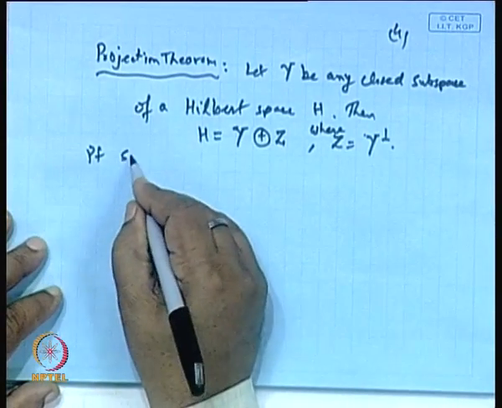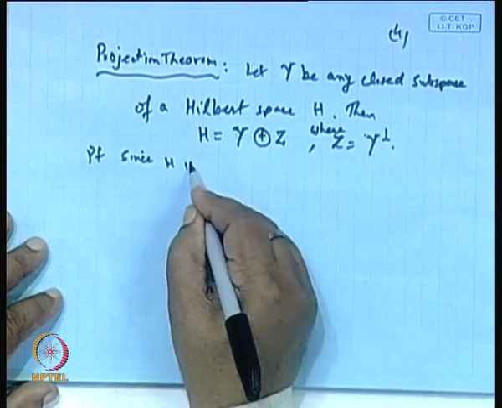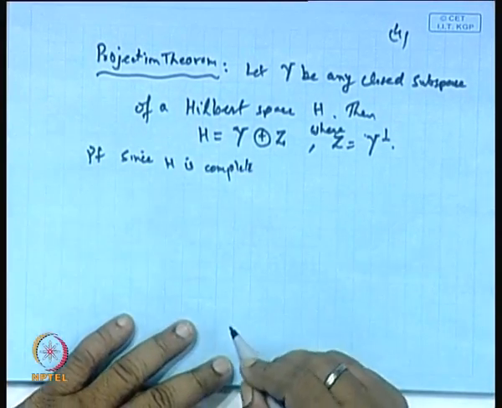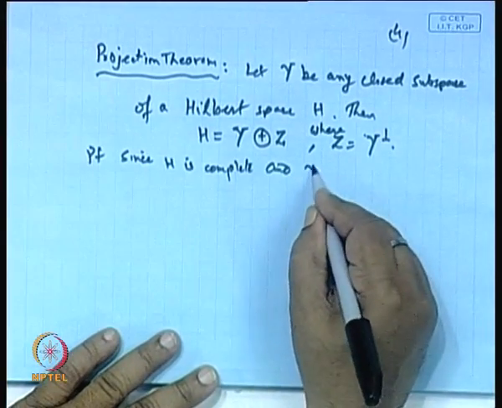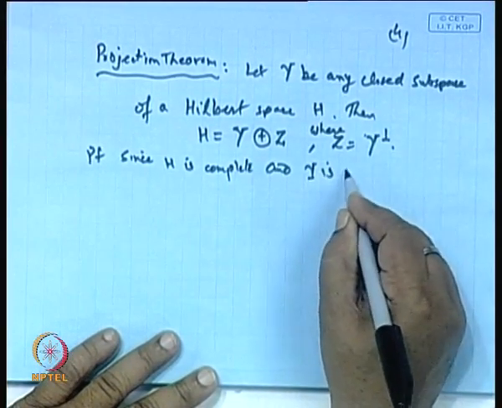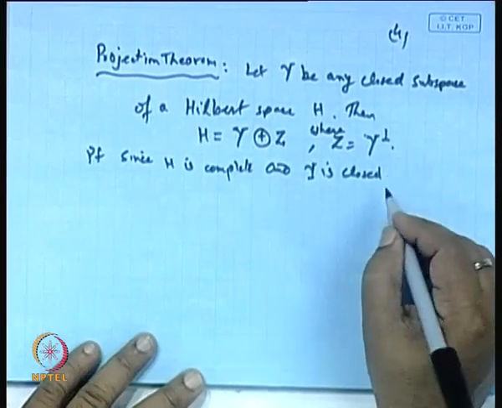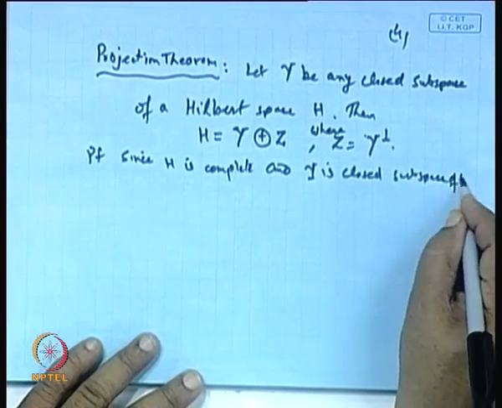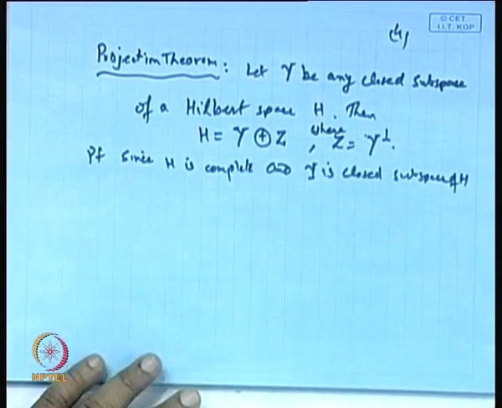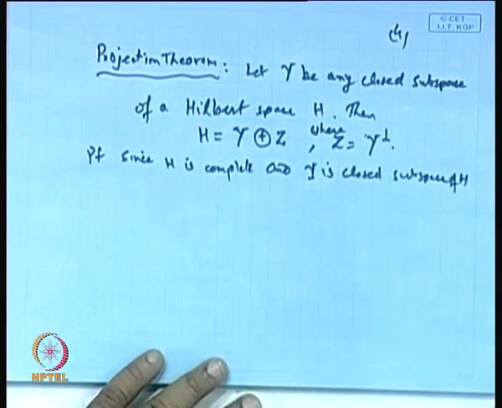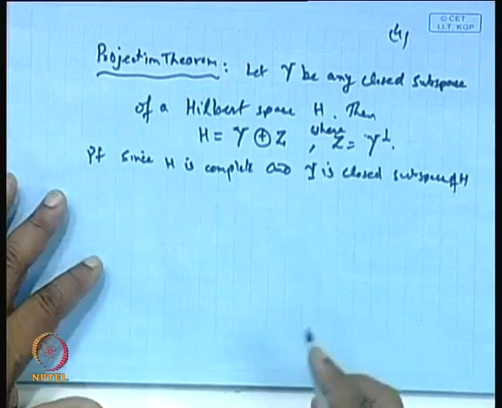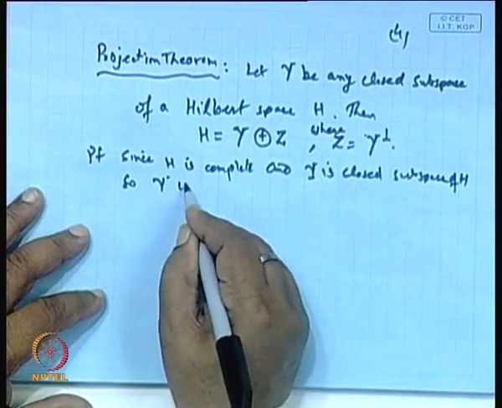Now, since H is complete because it is a Hilbert space and Y is closed, this is a closed subspace of H, and we know the result: every closed subspace of a complete normed space, a Banach space, is Banach, or Hilbert. So, Y is complete.